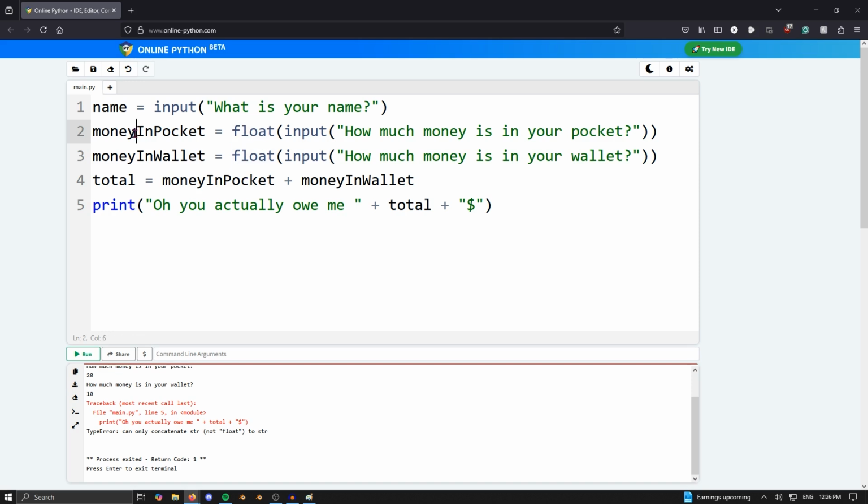Well, it's actually happening for the same reason that it happened up here, but the opposite. Money in pocket is now a number because of the float. Money in wallet is now a number because of the float, which means number plus another number, which is addition. That means that the computer is seeing this also as a number, not as a sentence.